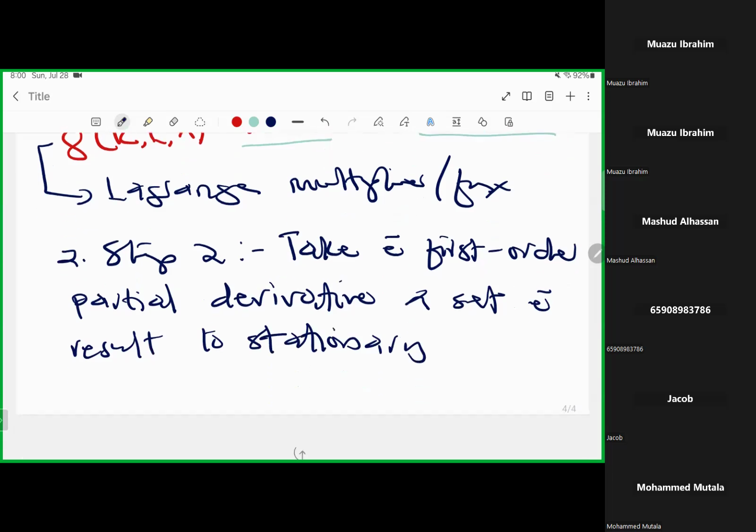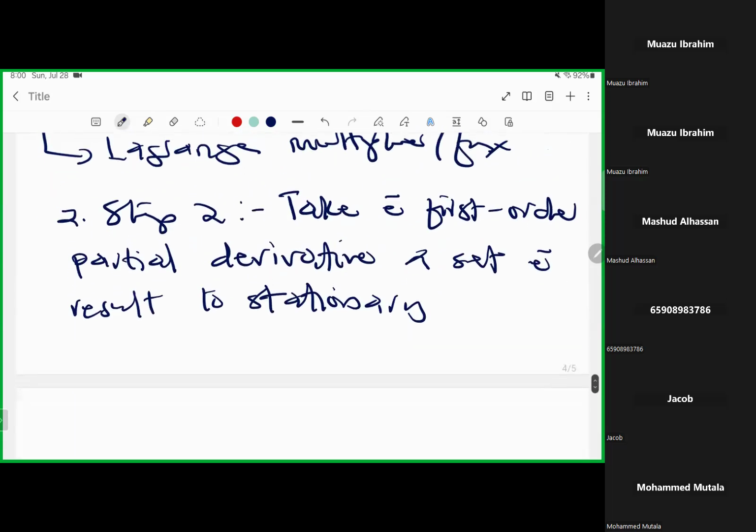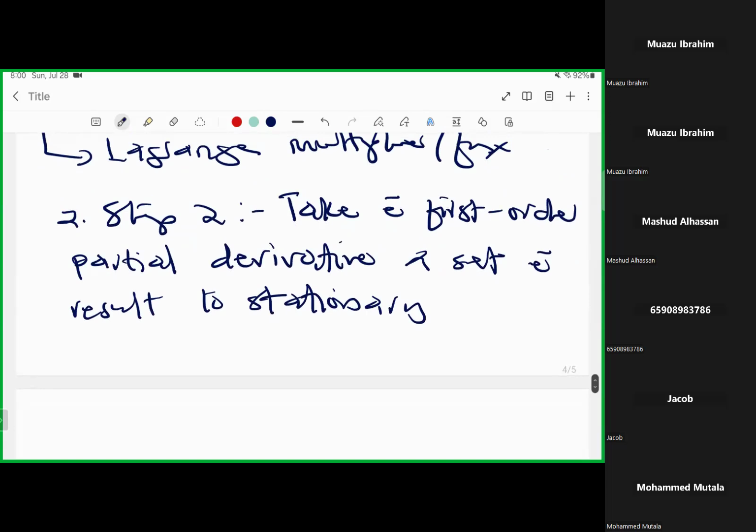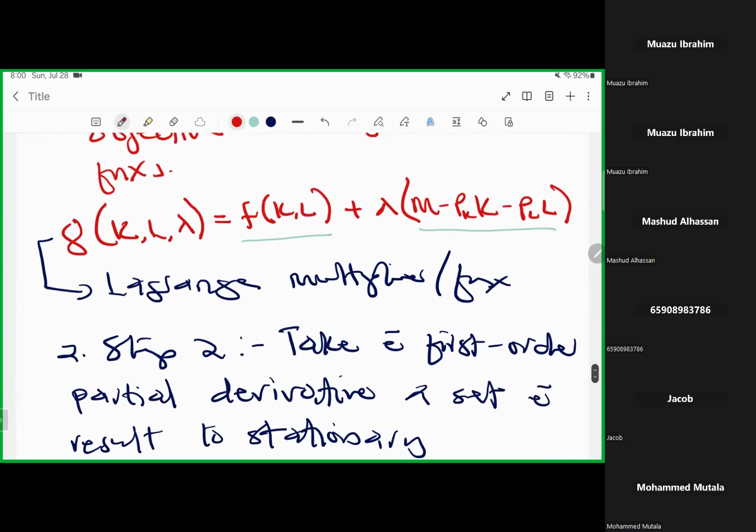What does step 2 mean? It means that based on the first step, which is the Lagrangian multiplier, we are going to take the first order partial derivative, which means that we are going to differentiate this with respect to each production input, or with respect to the 3 unknowns.